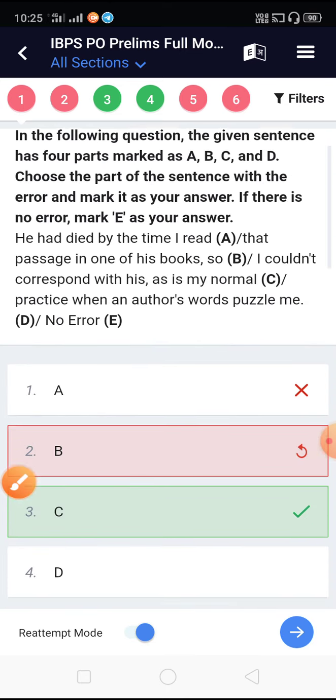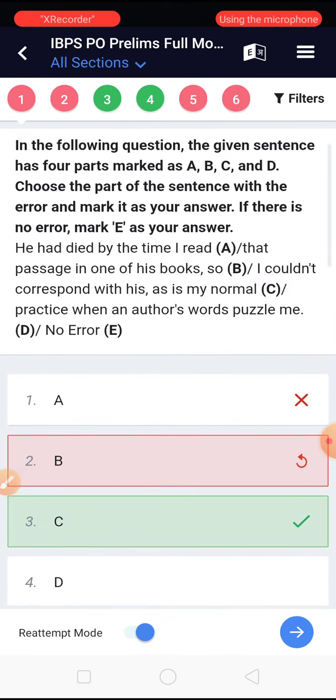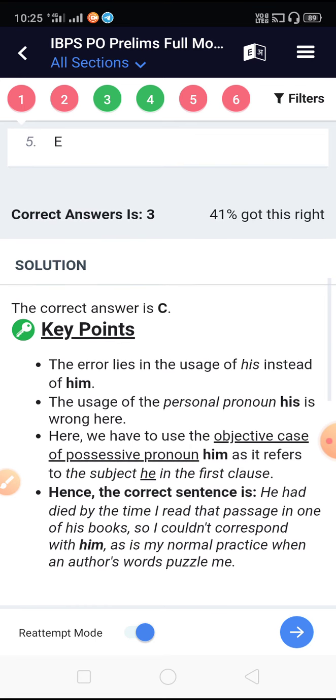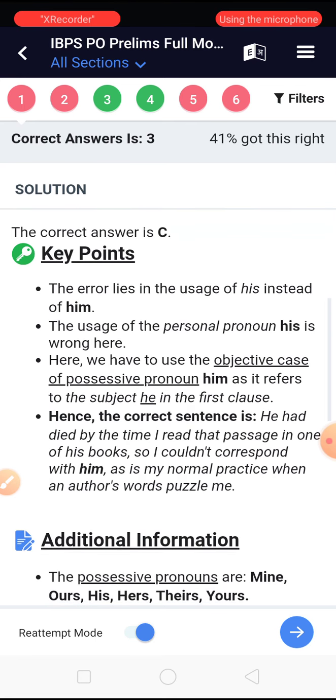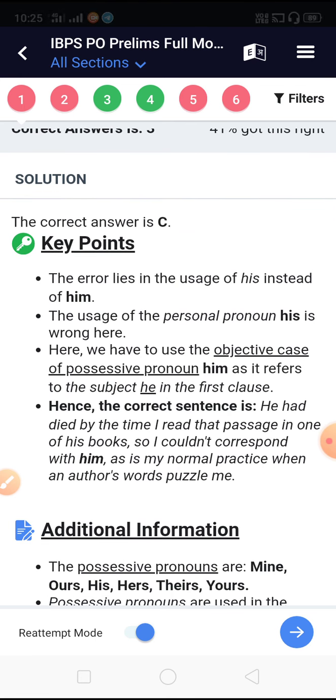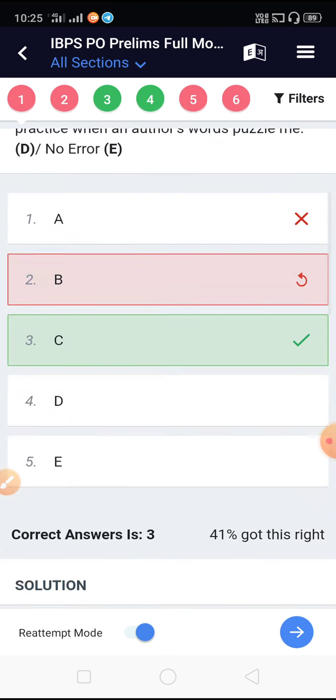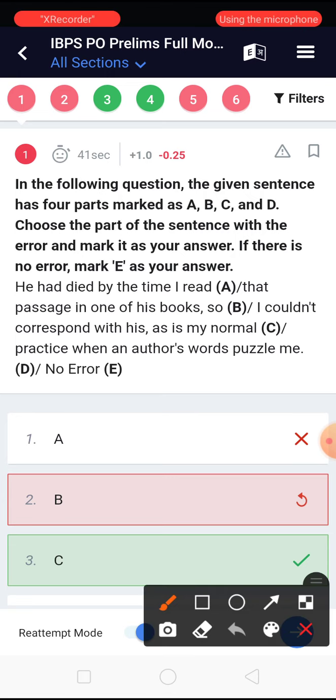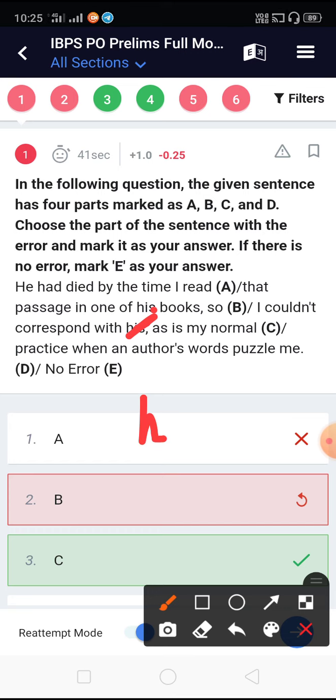तो पहला में क्या गलती है? बी में गलती है. तो यहाँ पर क्या होगा? Corresponding with his के जगह him हो जाएगा.